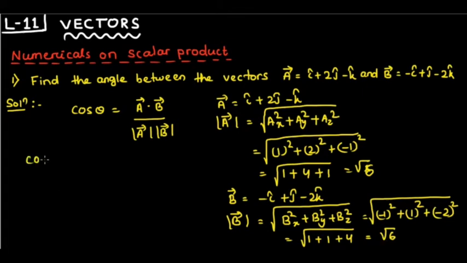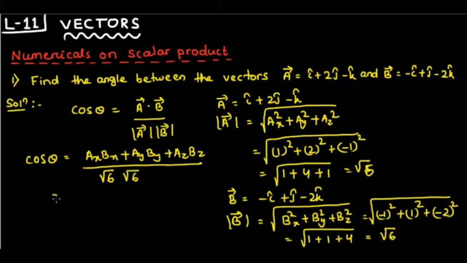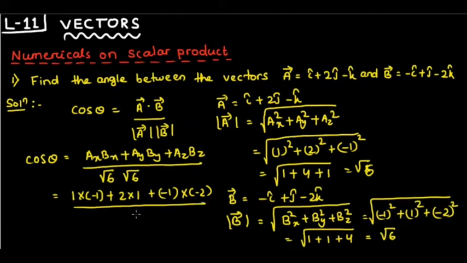Now we will find the value of cos theta. So cos theta is a dot b by a mod into b mod. a dot b is ax bx plus ay by plus az bz, divided by the magnitude of a, root 6, and the magnitude of b, the same root 6. So ax is +1, bx is -1, so 1 into -1, plus ay into by, ay is 2 and by is 1, so 2 into 1, plus az into bz, az is -1 and bz is -2, so -1 into -2, divided by root 6 into root 6 which will be 6.